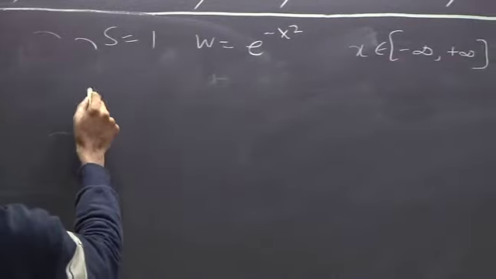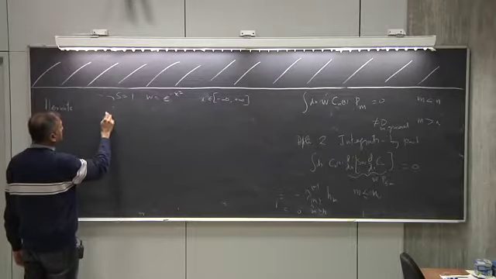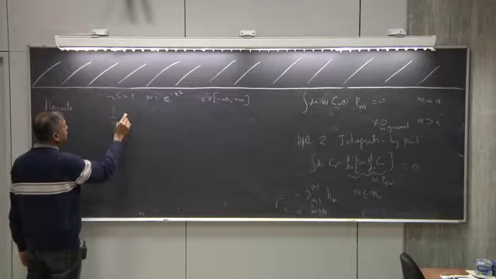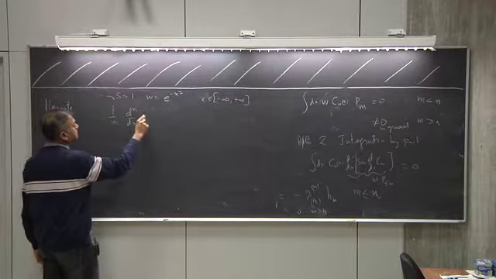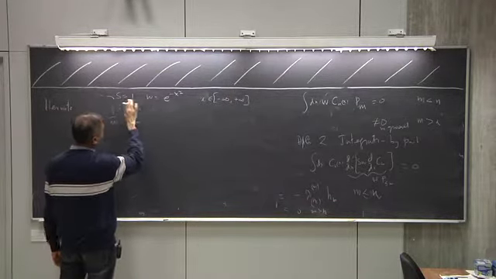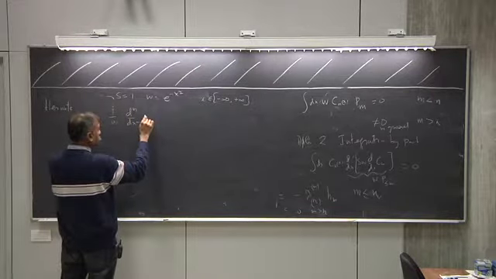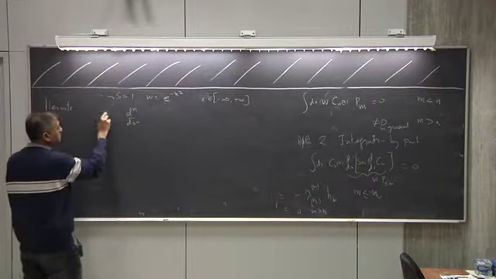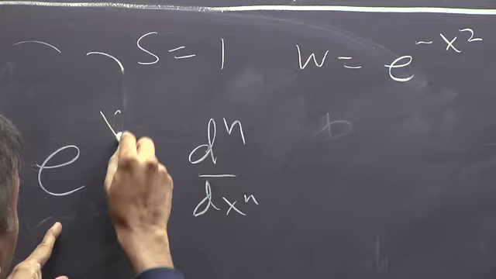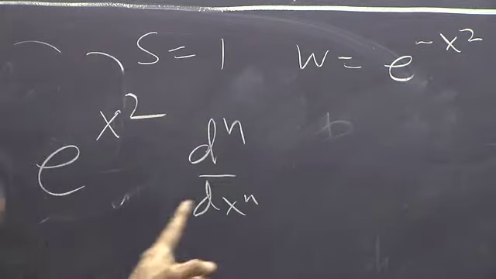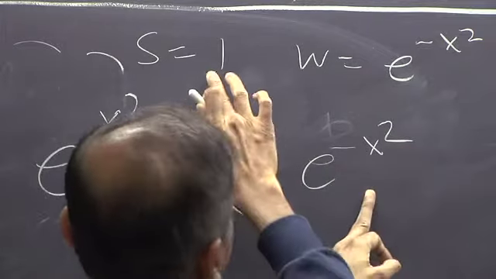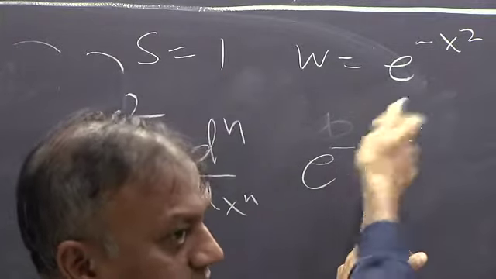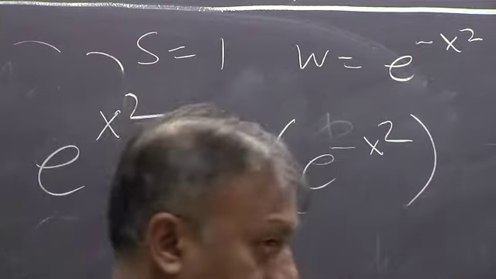So Cn was 1 over w, d^n by dx^n of w times s to the n. Let me write it down explicitly. 1 over w becomes e to the x square, then w is e to the minus x square times s to the n, but s is 1, so s to the n is 1.